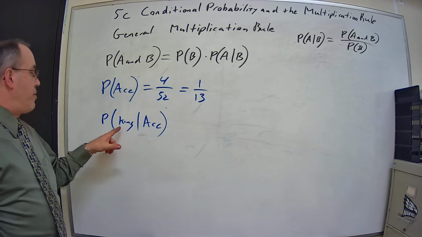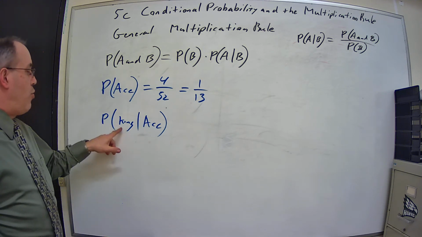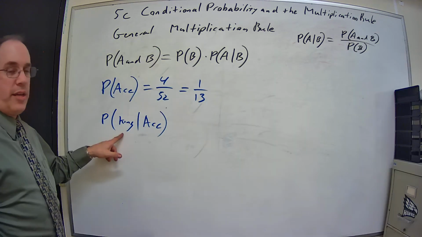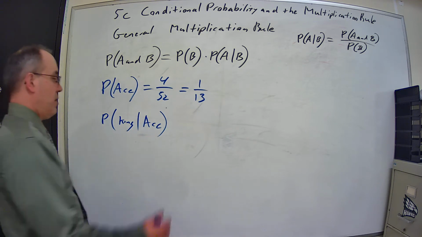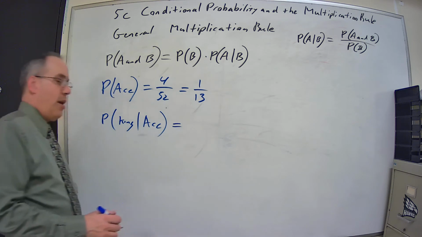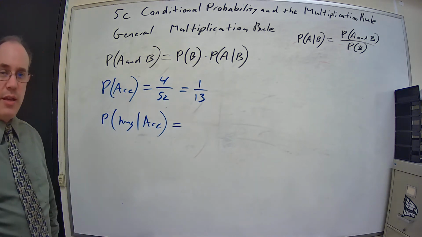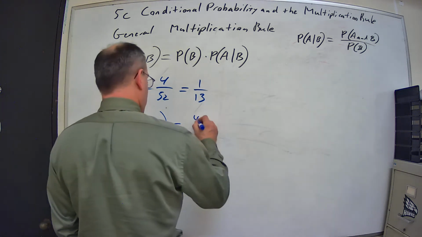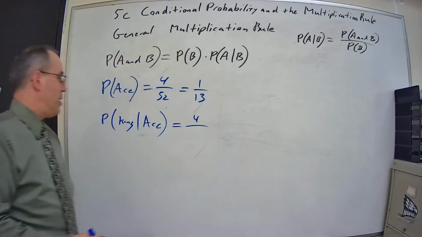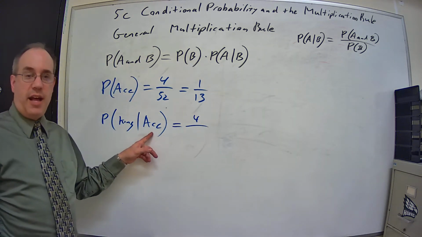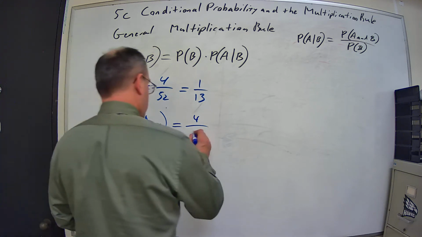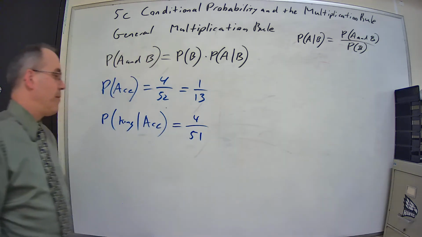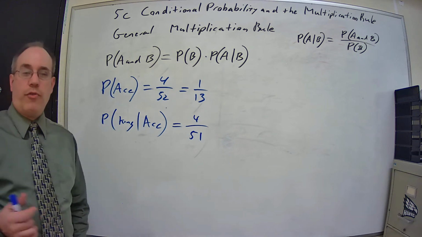So if I want to know the probability of me pulling a king, given that I pulled an ace prior to that, well, how many kings are there in the deck? There are 4. But if I've already pulled an ace out of the deck, then I'm now down to only 51 cards. So 4 over 51.